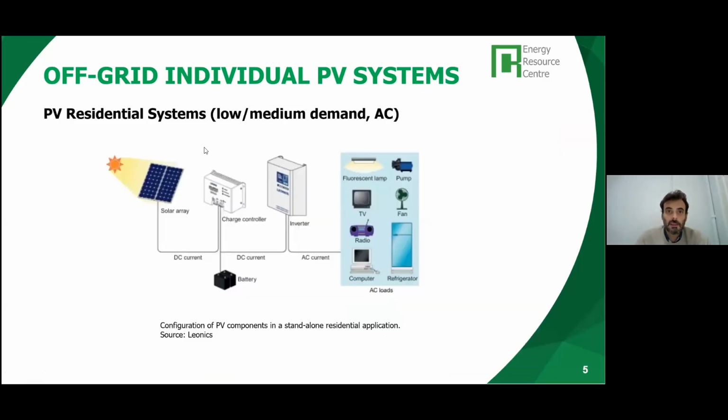But this is a very typical situation in rural areas with solar home systems. Still off-grid systems, individual PV systems, but a bit more with a higher capability. They can incorporate better because they will be consuming AC current to power TVs, computers, refrigerators, fans, etc. AC loads, appliances.